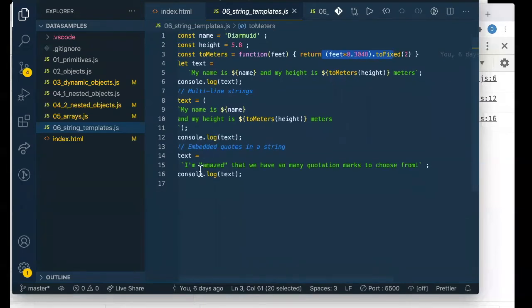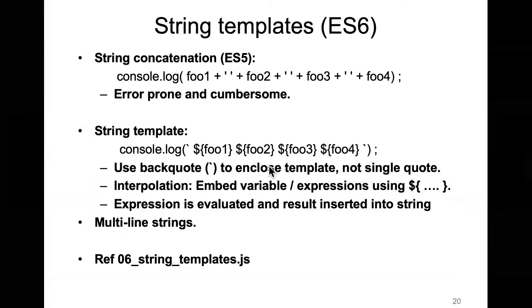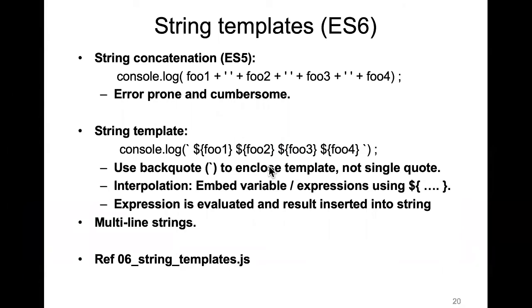And I've already mentioned this, but within your string, you can have single quotes and double quotes appearing as well. String templates you would have come across before, I'm pretty sure, certainly in Java and other languages as well. So nothing really new there either.